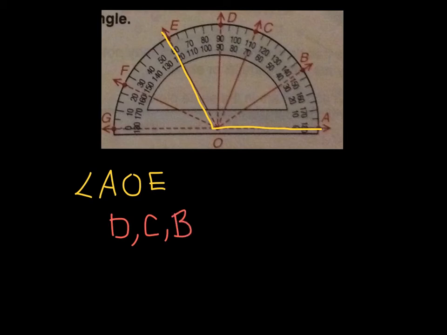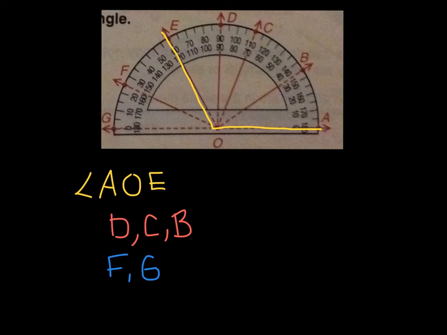Now for the exterior, all of the points that are on the outside, I just have F and G. So I would write F and G for the exterior. And then the measure of the angle. So I start up here at E. That's the point I'm looking at to see what the measurement is.